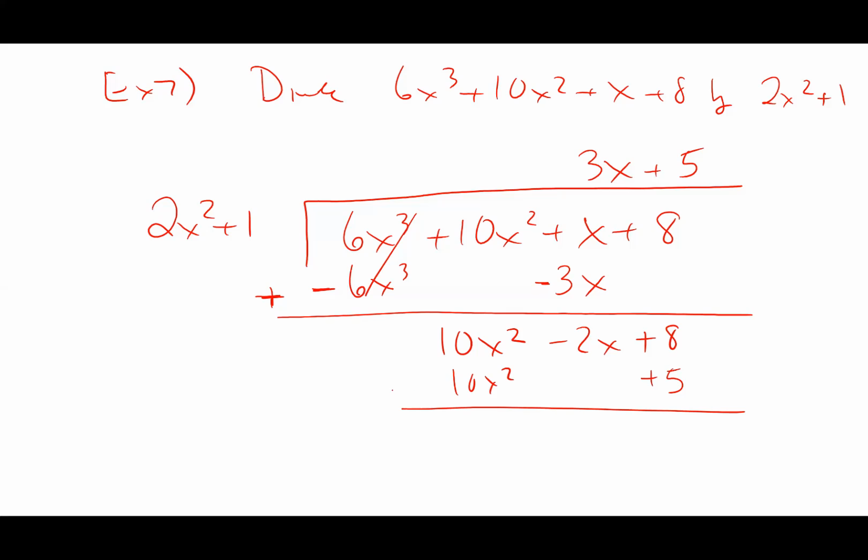That's weird, okay, but we got to subtract or add opposites. That's gone. What comes down is a -2x plus 3, is that right? Okay, in this case, our final answer is 3x plus 5 plus -2x plus 3 over 2x squared plus 1, and we are done.